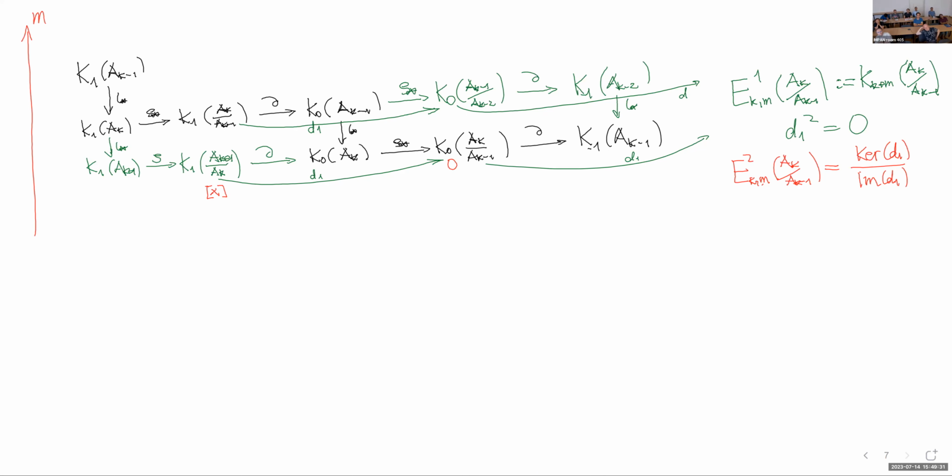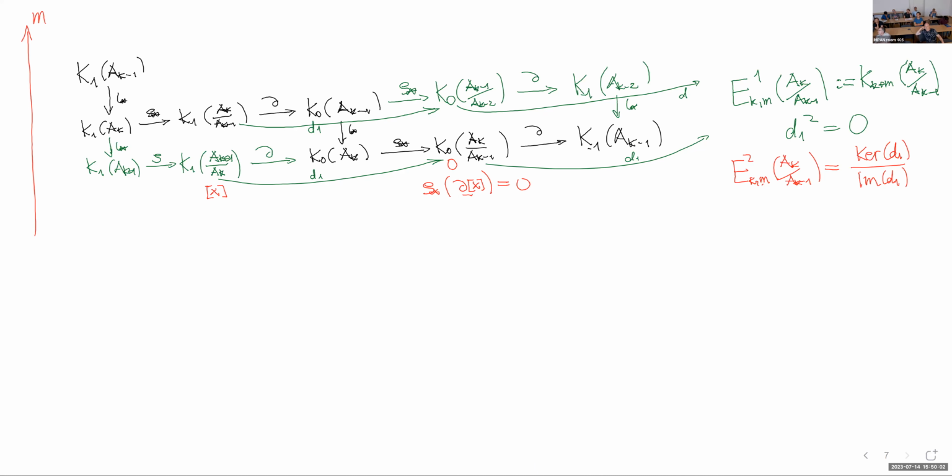So this element is in the kernel. So we must have rho star, the quotient map, on delta x equal to 0. So my delta x lies here.